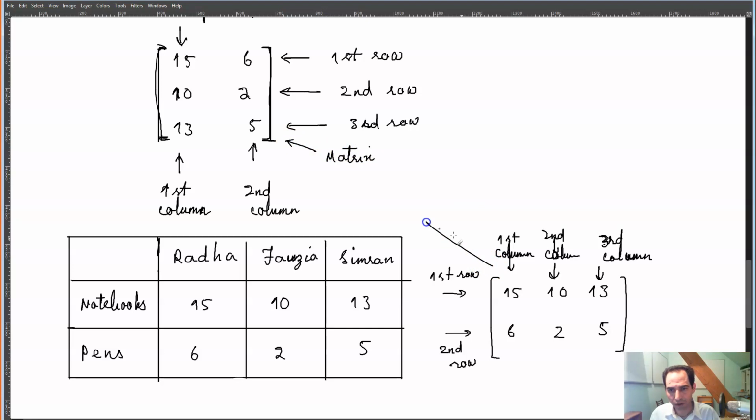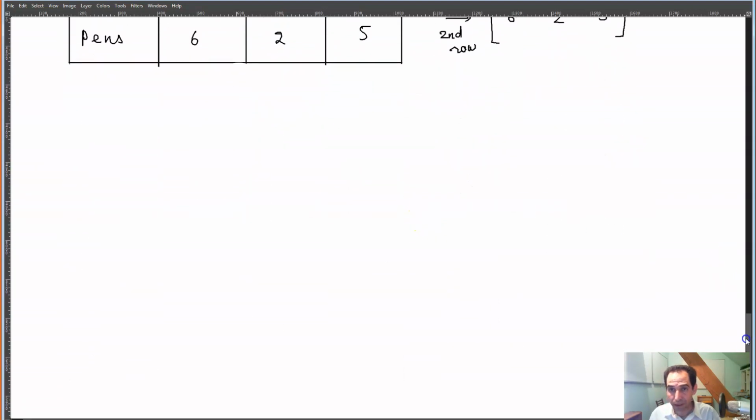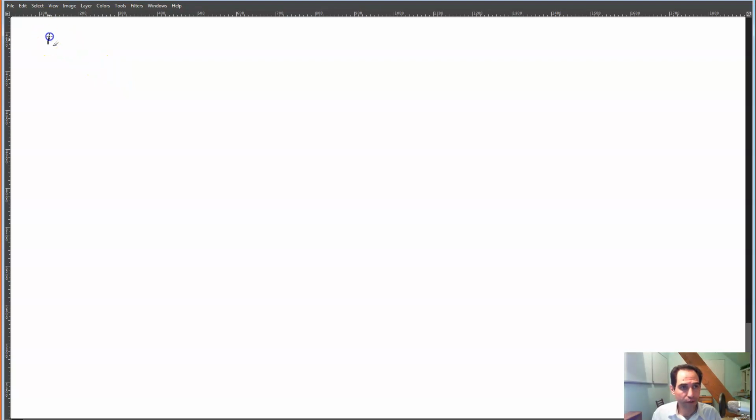This is also called a matrix. Right? Now, as a definition of a matrix, definition 1 for this chapter, we can say that a matrix is an ordered rectangular array of numbers or functions.